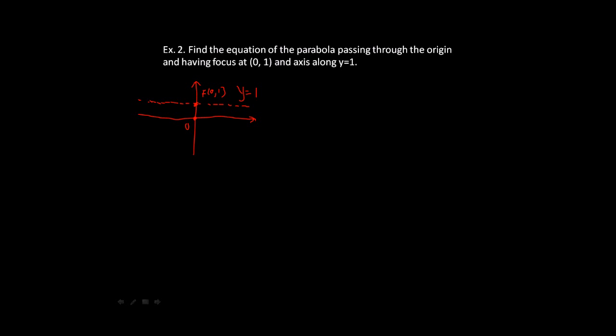Alright, now from here we know that the parabola will either be like this and pass through 0, or will be like that, pass through 0 again. Okay, so we have two possible candidates for the parabola.